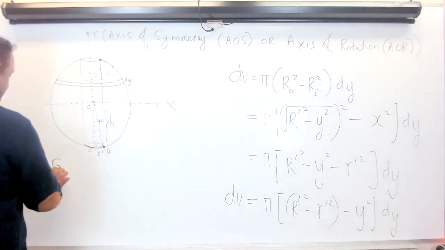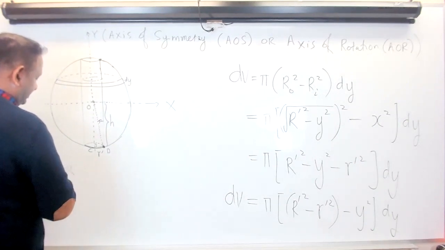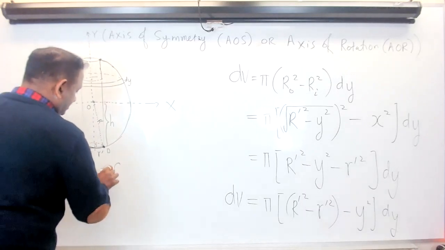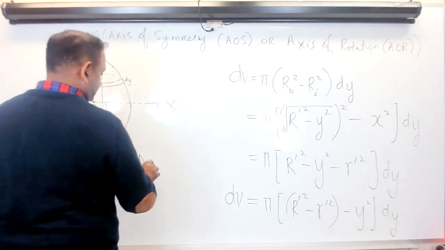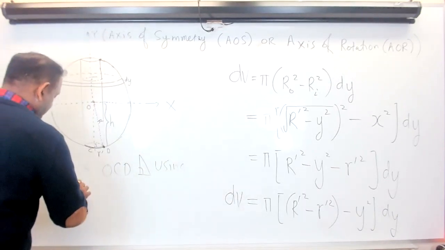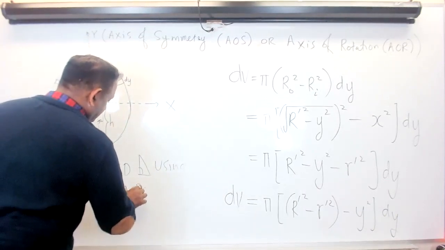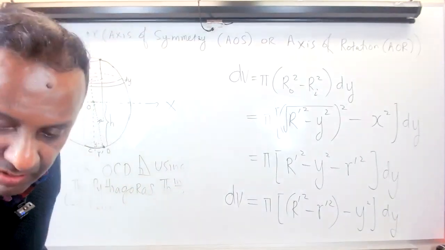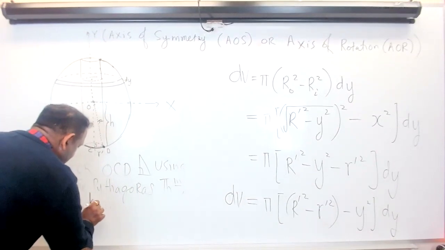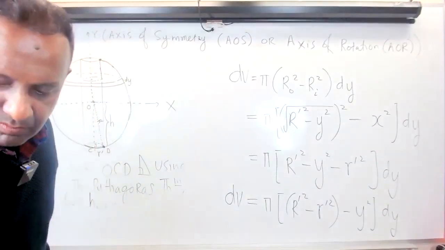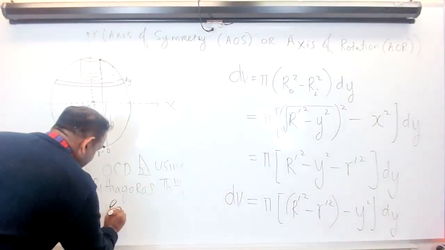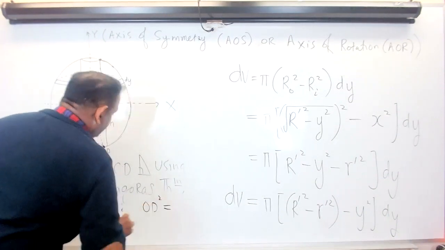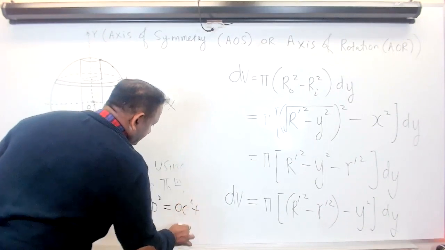For the OCD right triangle, using the Pythagoras theorem, we can say OD squared equals OC squared plus CD squared.